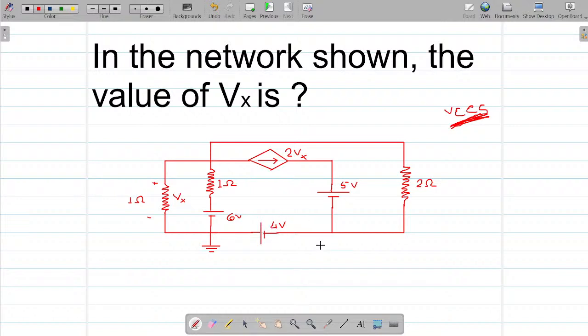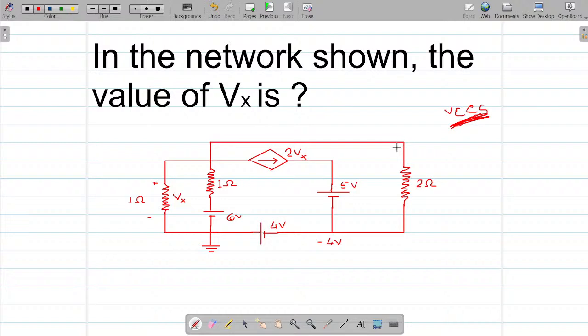So what would be the potential here? Minus 4 volt, right? Now I am traversing from this point again to this. I see there is an element. Whenever you encounter an element, it is a node. So can I write this to be a node? Yes, this would be a node. This node is the same as node here because it is a thick conducting wire.